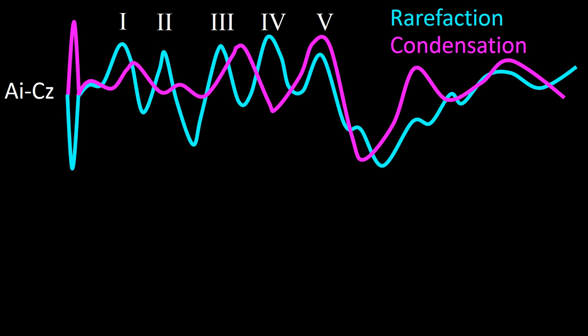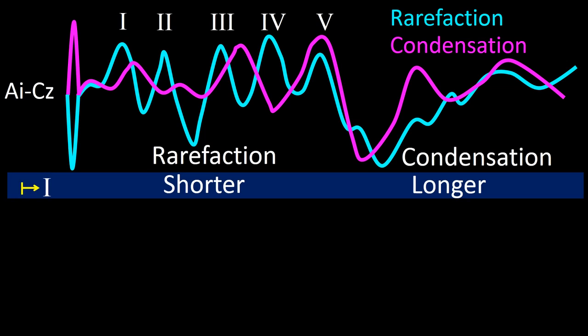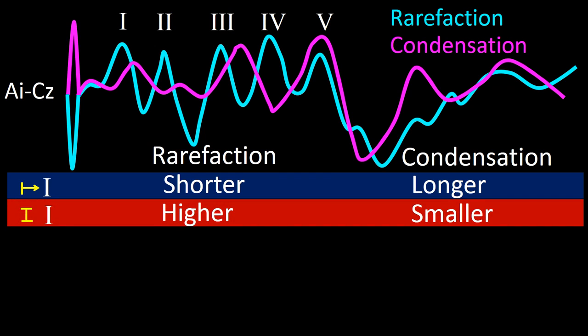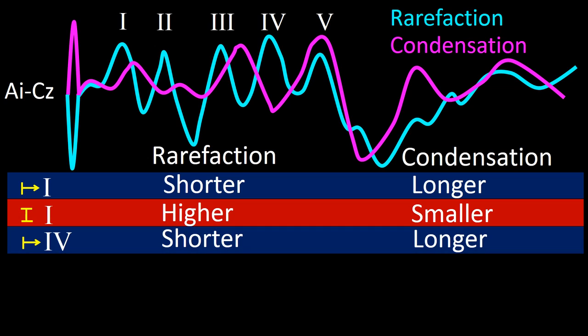The most important differences are that latency to wave 1 is shorter when gathered by rarefaction. The amplitude of wave 1 is increased by rarefaction. The latency to 4 is shortened by rarefaction.